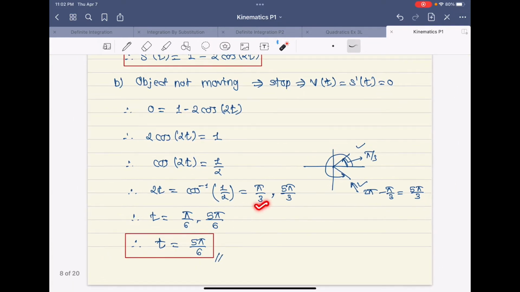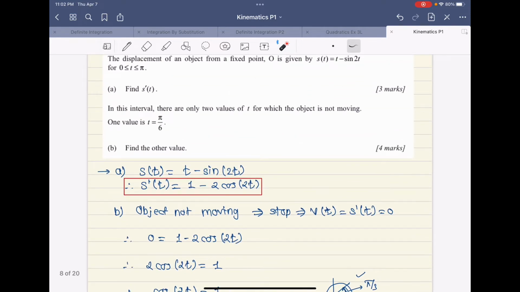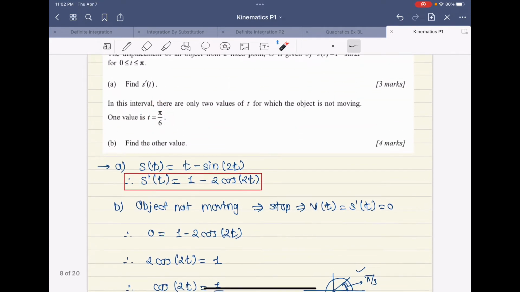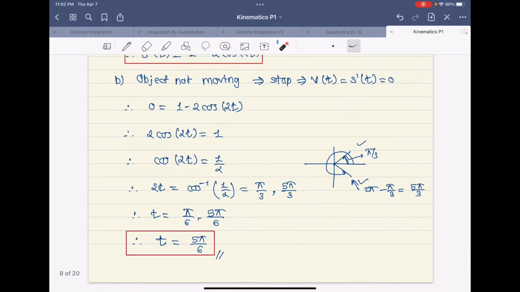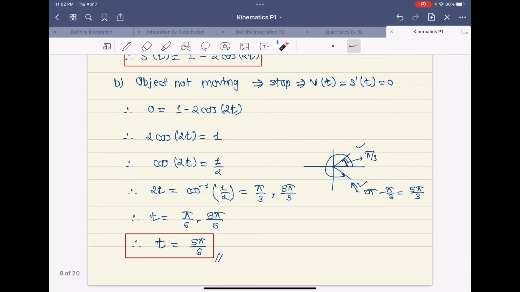So you got two answers, pi by 3 and 5 pi by 3, but those are the values of 2t. We want to find out t. So divide both sides by 2. Pi by 3 divided by 2 is pi by 6. 5 pi by 3 divided by 2 is 5 pi by 6. They have already given one value is pi by 6. Therefore, the other value has to be 5 pi by 6.